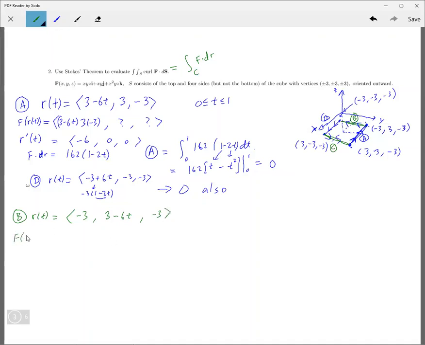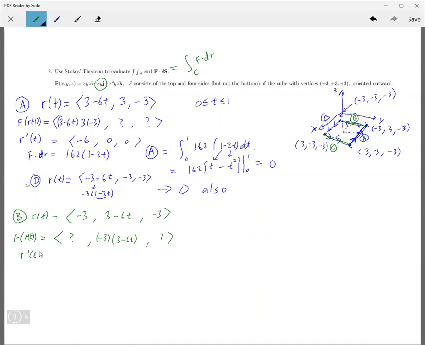Now your F of r of t, again, it doesn't really matter what the first one is. We're only concerned about this one, x times y times j. So x is -3 from here, and y is this one. Again, it doesn't really matter what this last one is, because it's going to get dotted with 0.